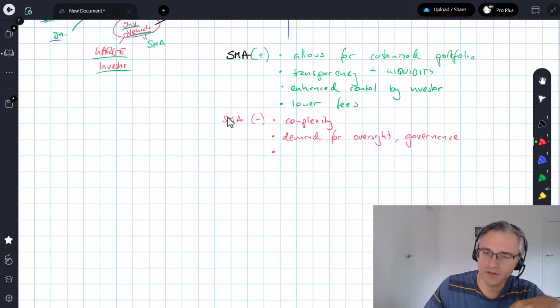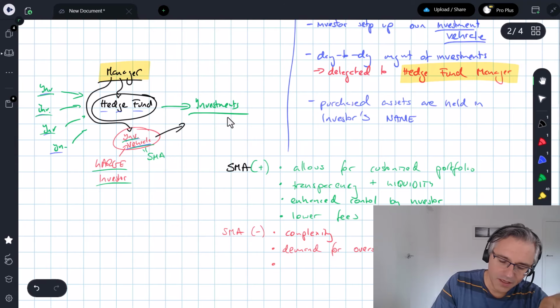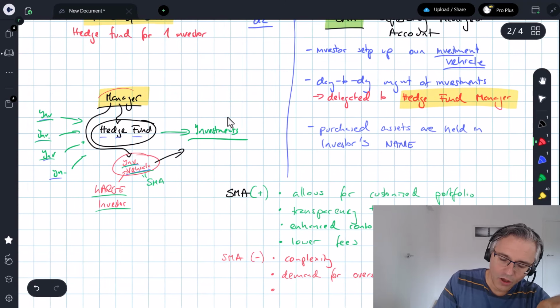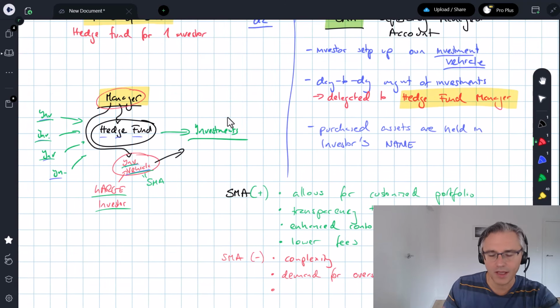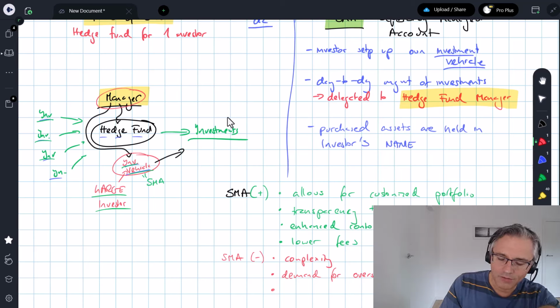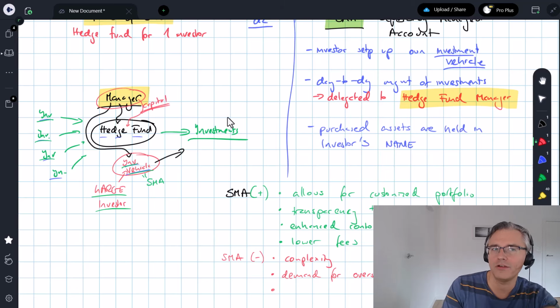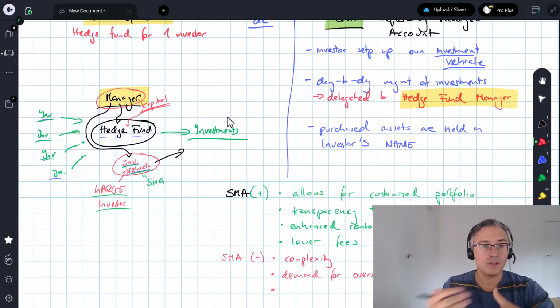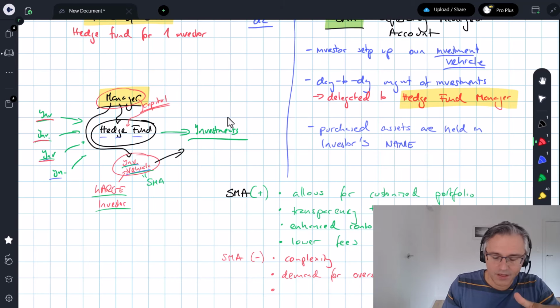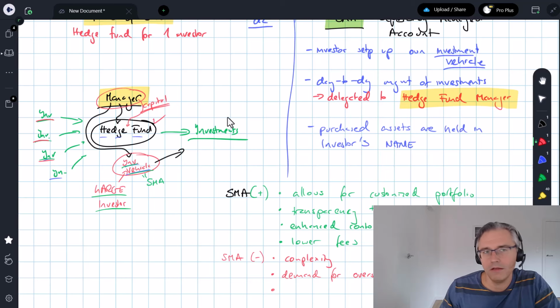And one thing you have to consider is that the hedge fund manager typically also has a personal stake. I mean that they are also an investor in the hedge fund. So they also contribute capital to the hedge fund so as to better align their interests with the interests of the investors. And because they've contributed money to the hedge fund, they want this to perform well.